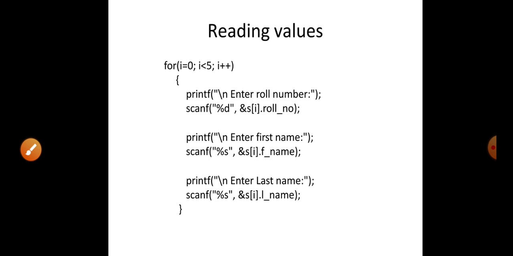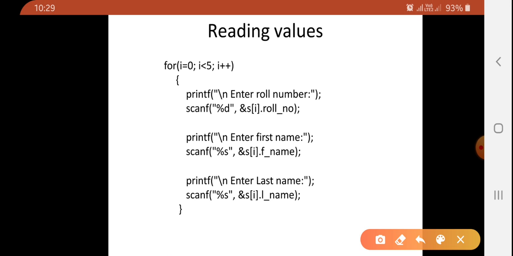In order to read the values from the user, we have to iterate with the help of a for loop: i equal to 0, i less than 5, i plus plus. Now instead of s dot roll number, what we have to write is s of i dot roll number. Initially the value of i is 0, so it will read s of 0 dot roll number, s of 0 dot first name, s of 0 dot last name.